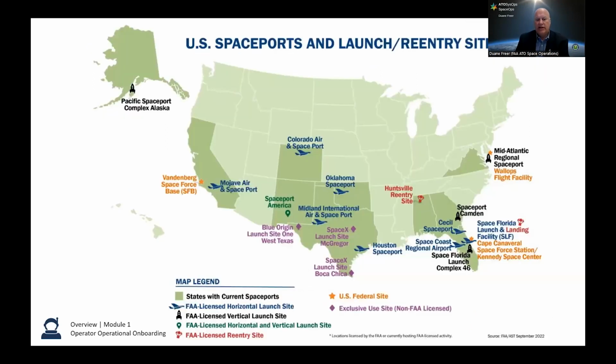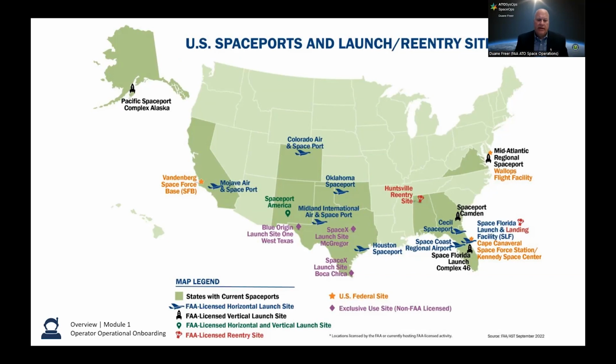Our job in a nutshell, a picture's worth 1,000 words. These are the U.S. spaceports, launch and reentry sites around our nation. We have some of the legacy sites, the federal ranges at Wallops Island, Cape Canaveral, and Vandenberg. We also have commercial locations that have been licensed by the Office of Commercial Space Transportation. And then we also have some exclusive use sites around the country. So very robust, very integrated operation.